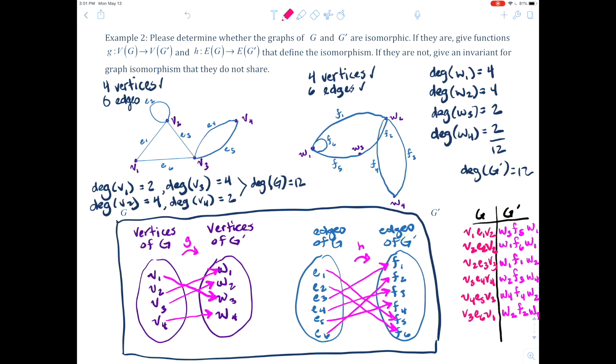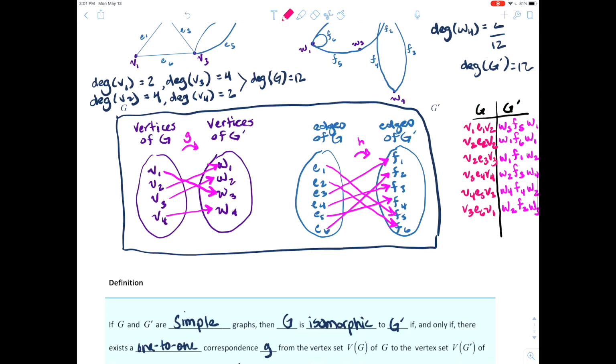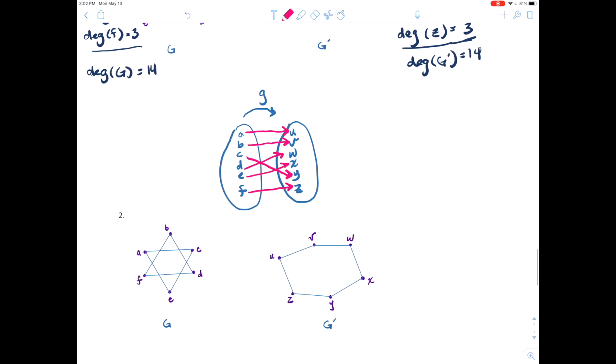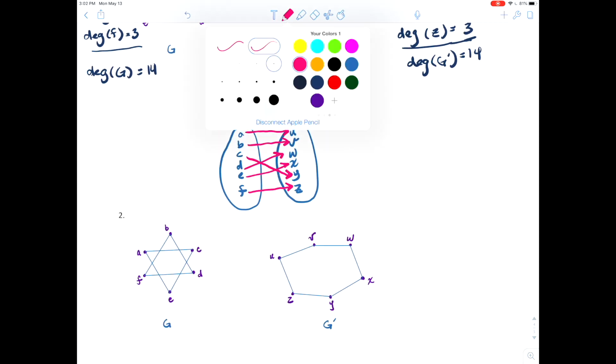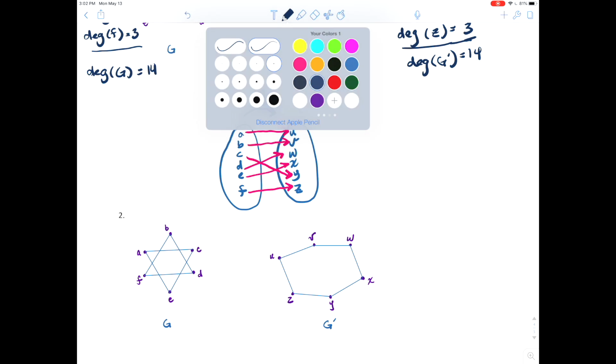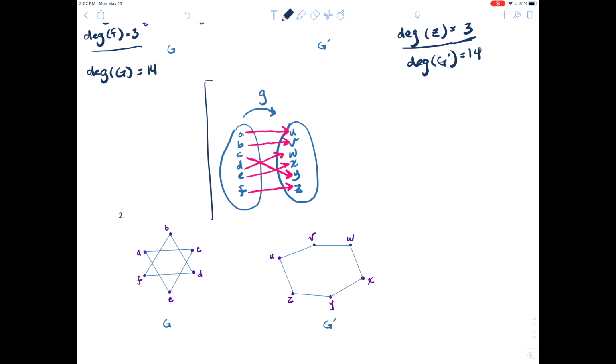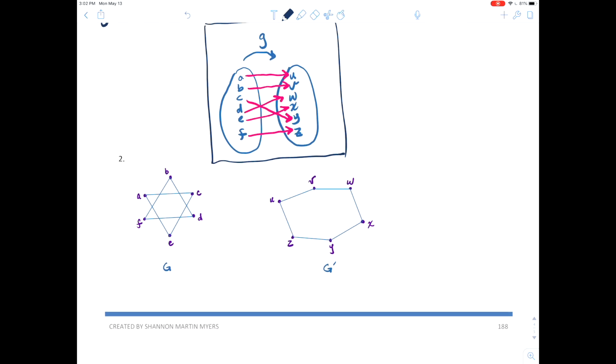Remember, F3 and F4 are parallel edges, as are E4 and E5 in the graph of G. So with the simple graph, there's less to check. So this here would be the result, the isomorphism that you'd be looking for. Cool? Okay, and you can put it in that format on the exam.